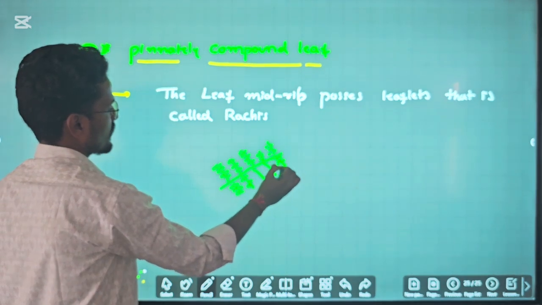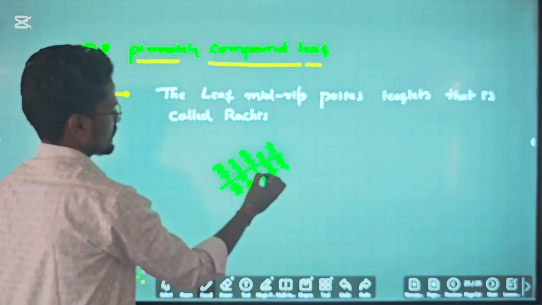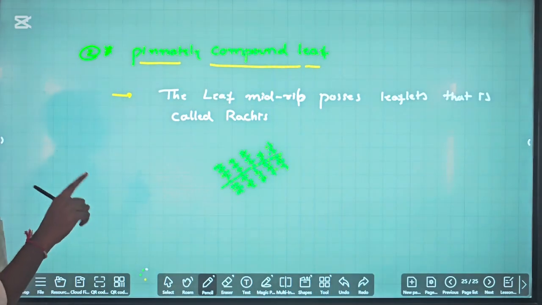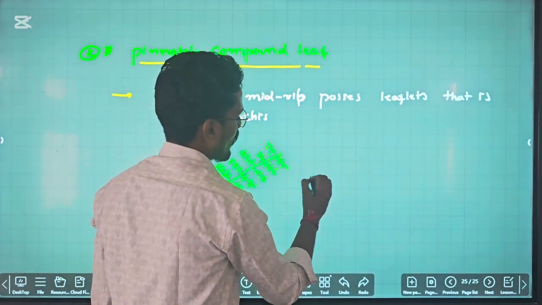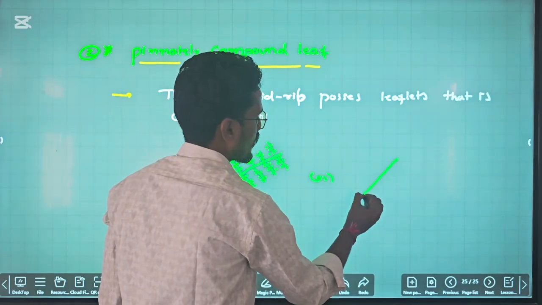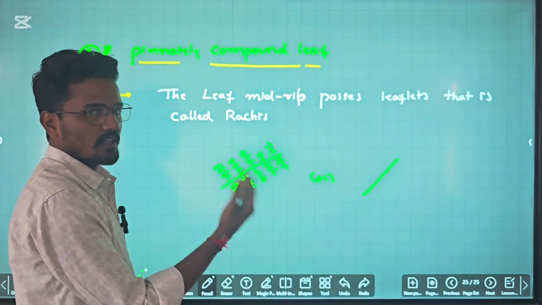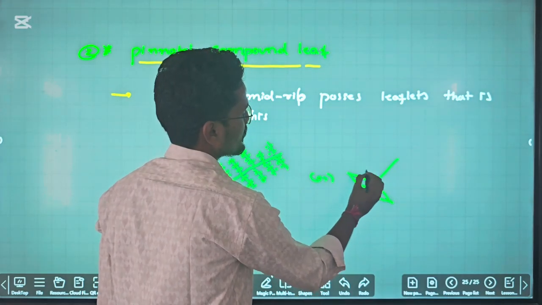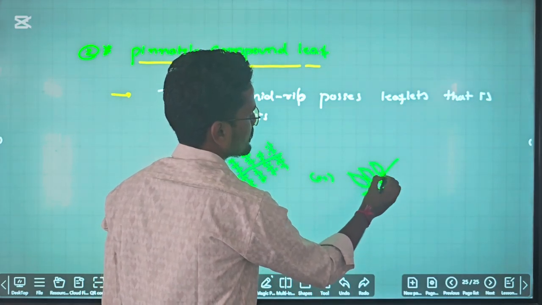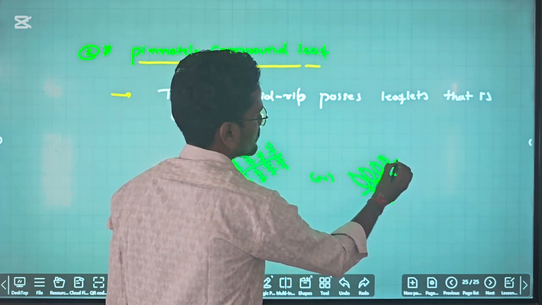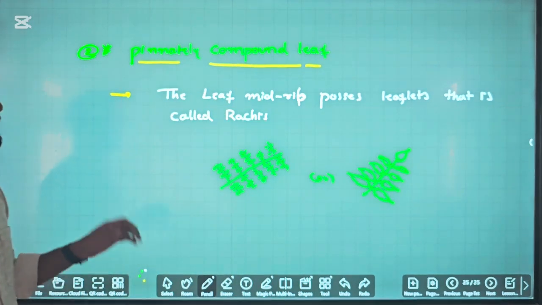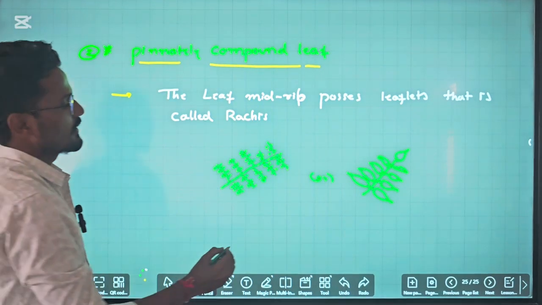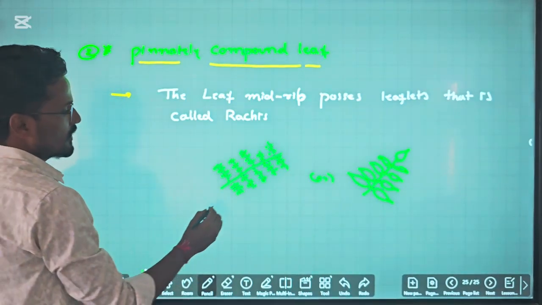This is one complex type of pinnately compound leaf, and another common pinnately compound leaf is where the midrib is converted into a rachis and on the rachis leaflets arise like this, as single leaves. So these are nothing but pinnately compound leaves.